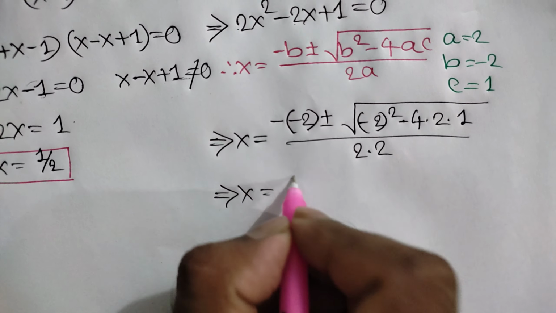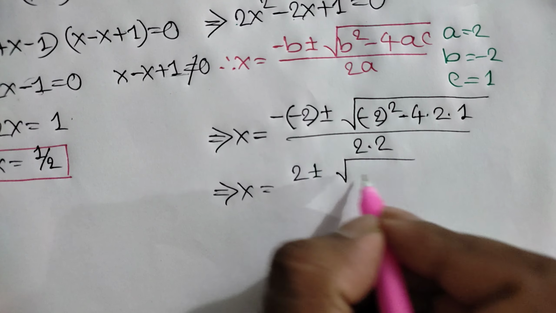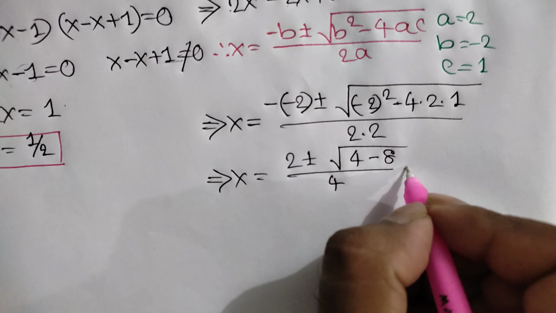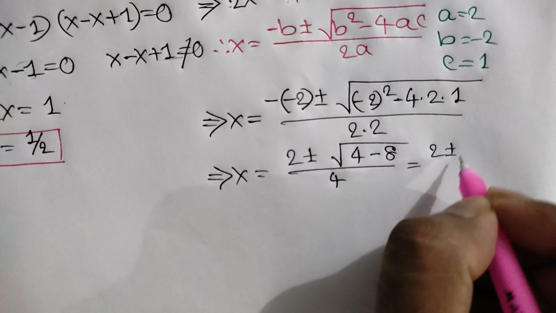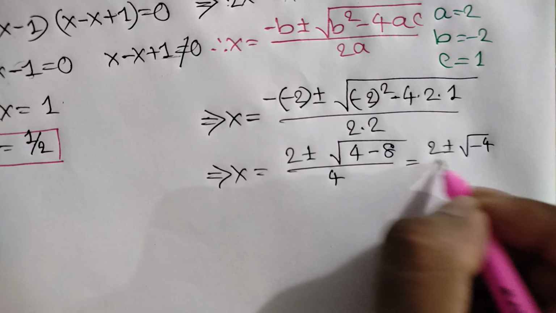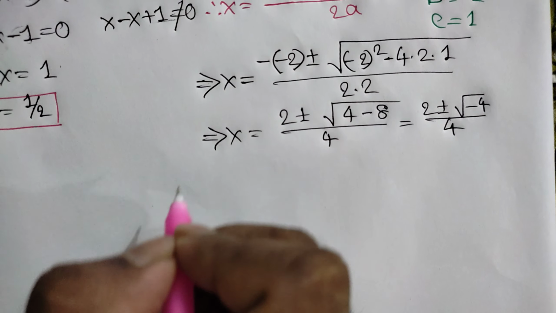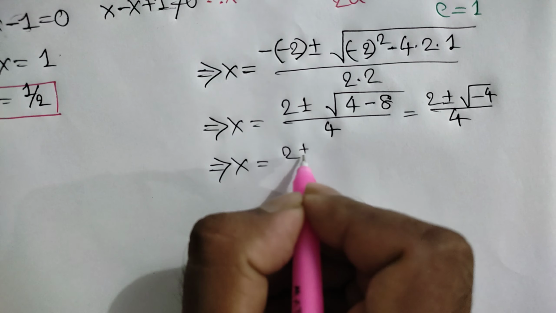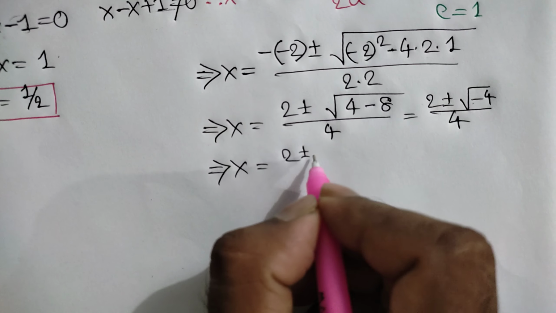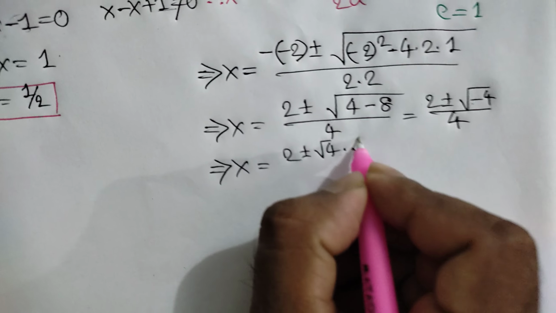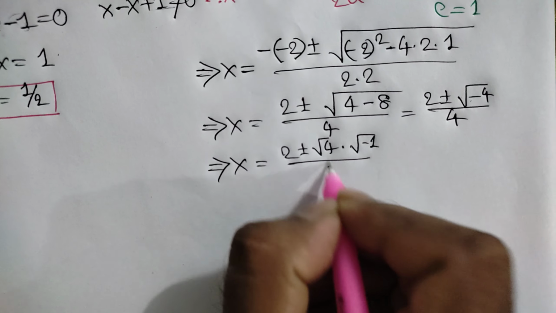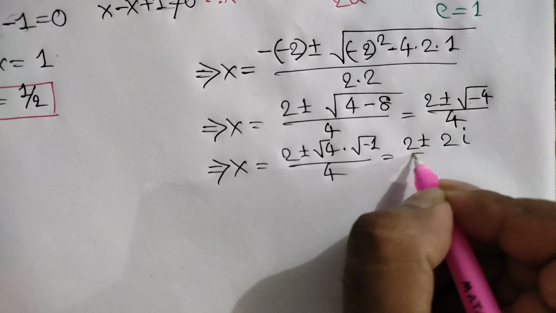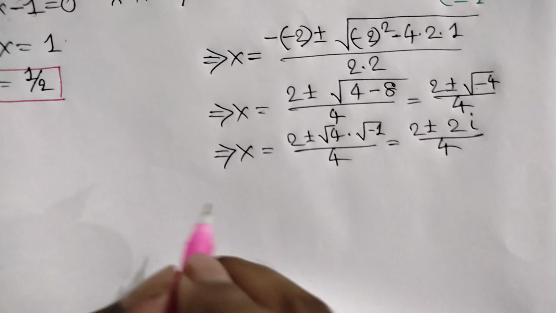Or x is equal to 2 plus or minus square root of 4 minus 8 over 4, is equal to 2 plus or minus square root of negative 4 over 4. Or x is equal to 2 plus or minus, here we will get square root of 4 times square root of negative 1, over 4, is equal to 2 plus or minus 2i over 4.